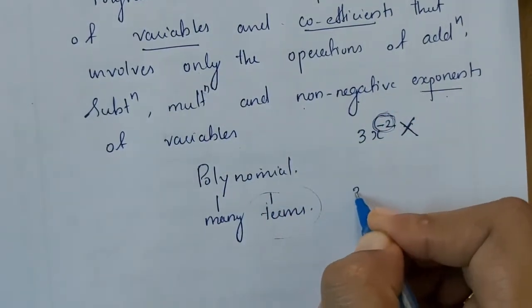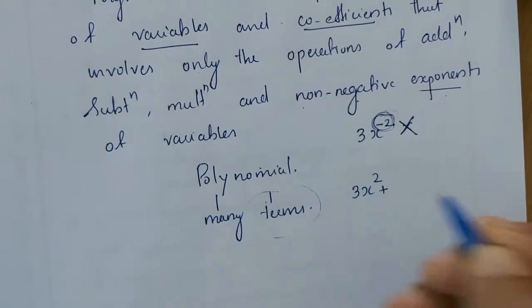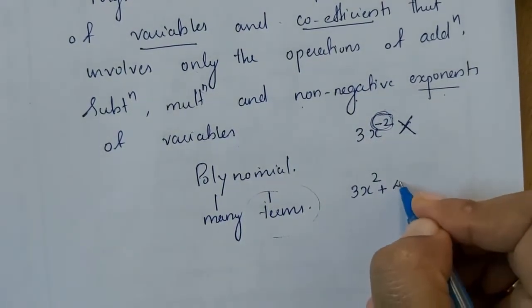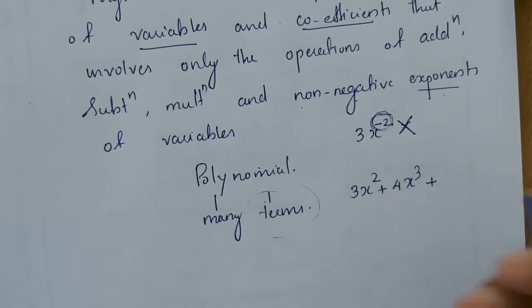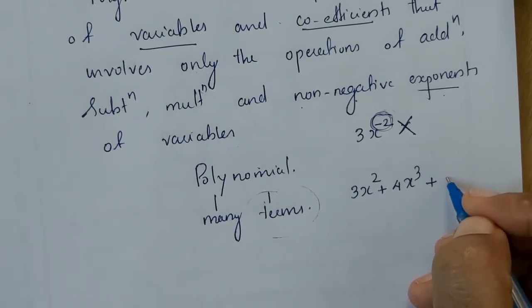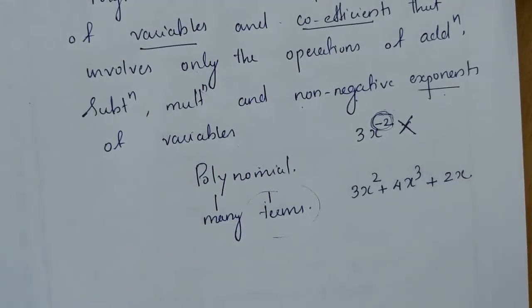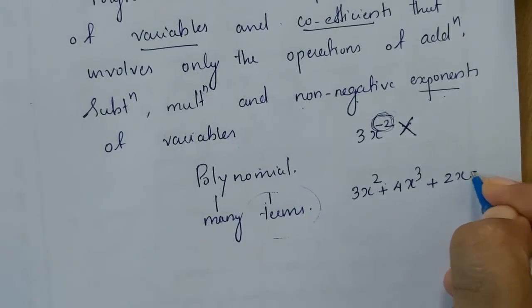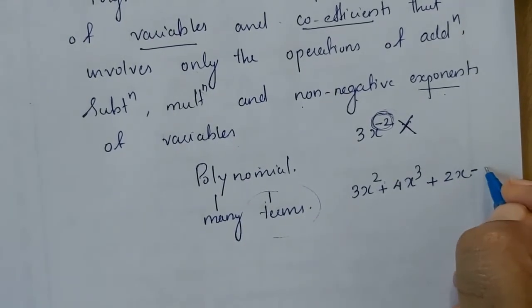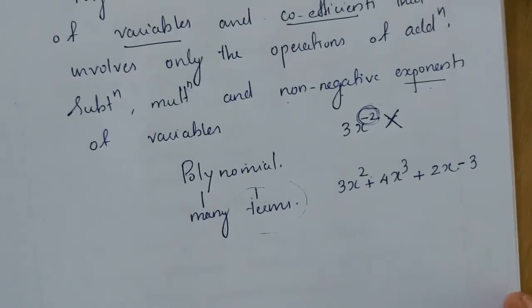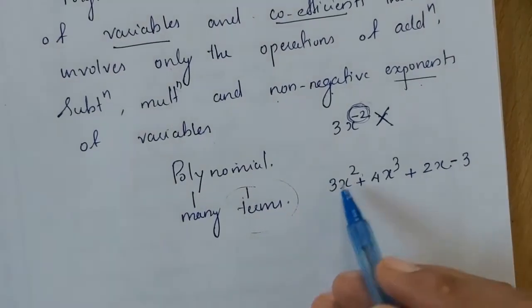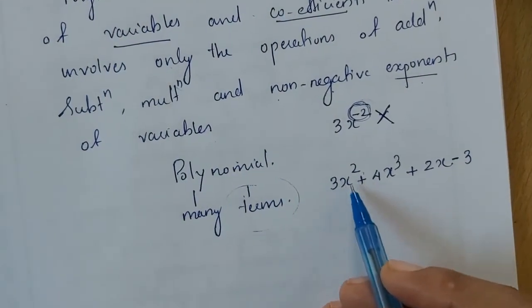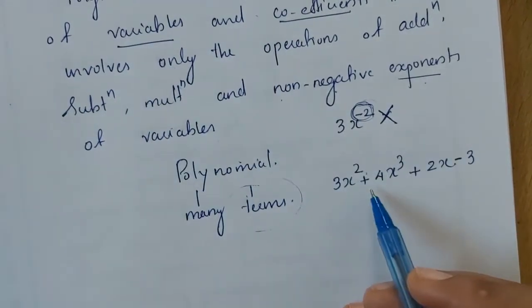So if we write 3x square plus 4x cube plus 2x, this is a polynomial. It can involve another term, minus 3. Here the multiplication 3 into x square is 3x square, so multiplication is involved.